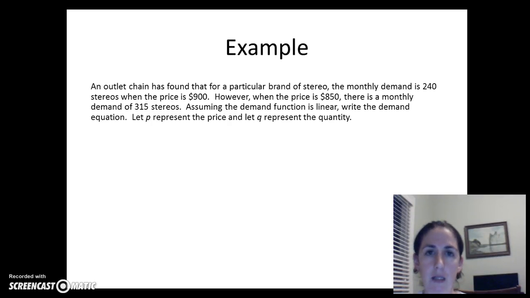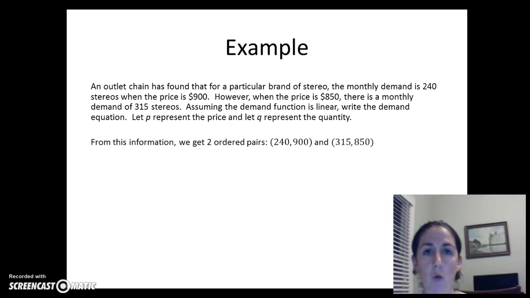So reading into this word problem, we can get two ordered pairs: quantity, comma, price. 240 stereos when the price was $900, 315 stereos when the price was $850. So all we're doing is finding the equation of the line that passes through those two points.